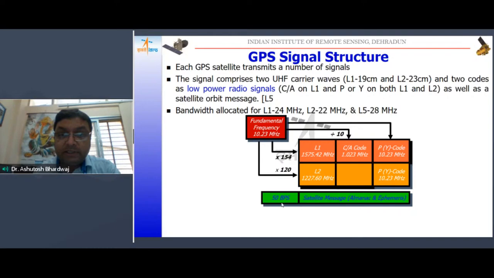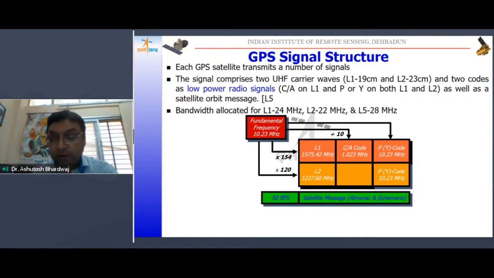Besides these two codes, there is a 50 bit per second signal also, which provides the almanac and the ephemeris. What is almanac? Almanac is the chart of all the satellites in the constellation. Like in the GPS constellation, all the 30 satellites' information will be downloaded in the receiver, whereas the ephemeris is the instantaneous coordinate of the satellite in the region.